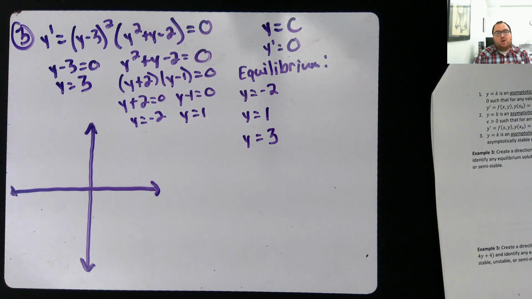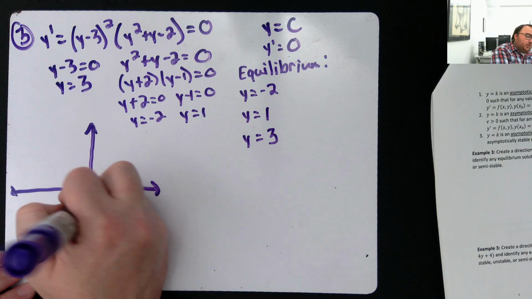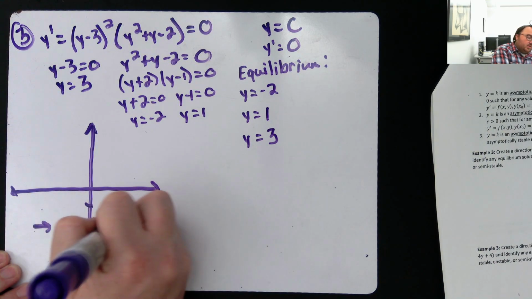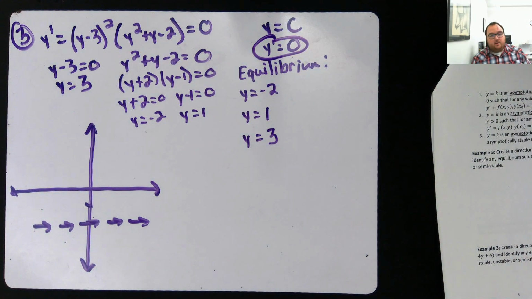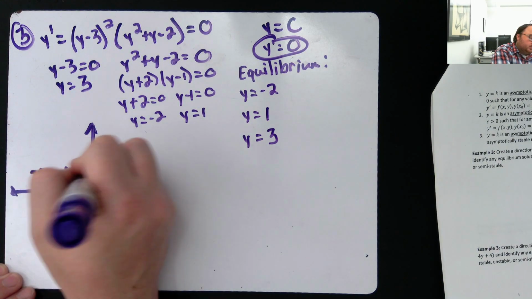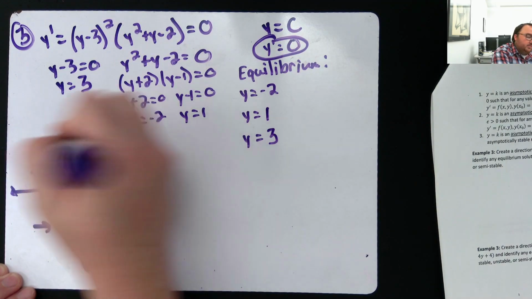I can just draw what I need, right? So I start at y is equal to negative 2. I know everything here is a straight line. Why? Because of this right here. Straight line. Also at y equals 1. And then y equals 3.